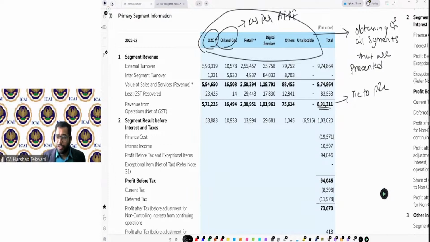So analytical procedures like I need to take the highest contribution in percentage to the overall revenue through analytical procedures. Very good, Tanisha. Very good, Manoj.